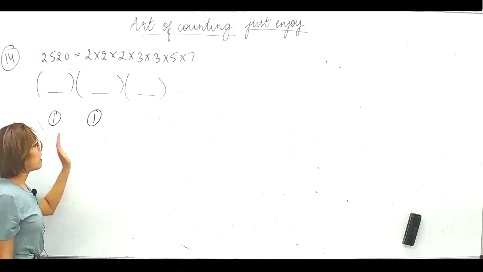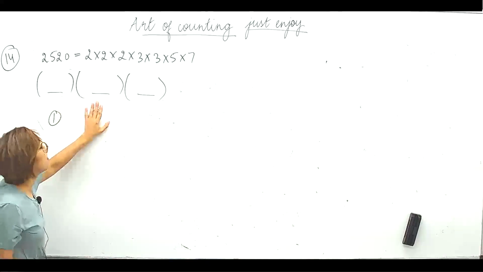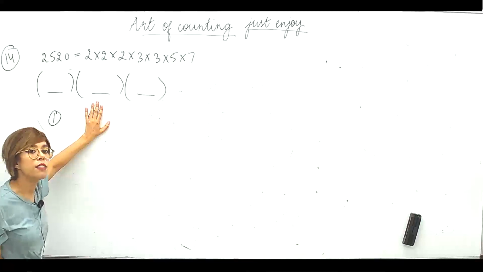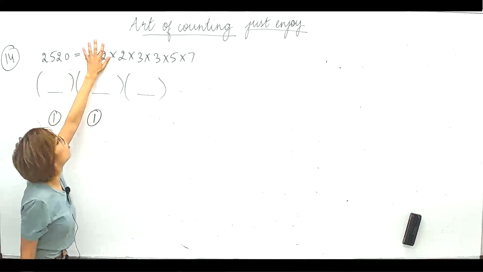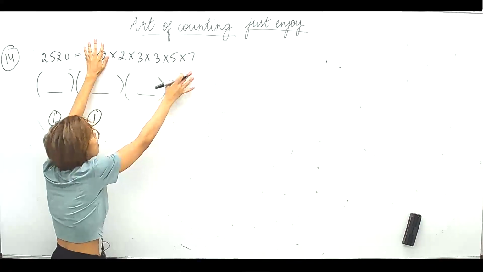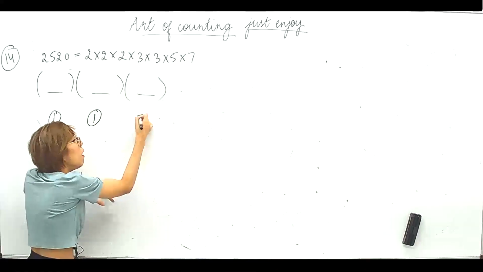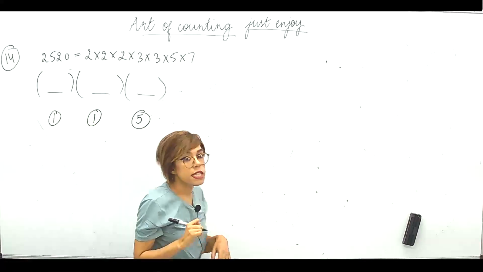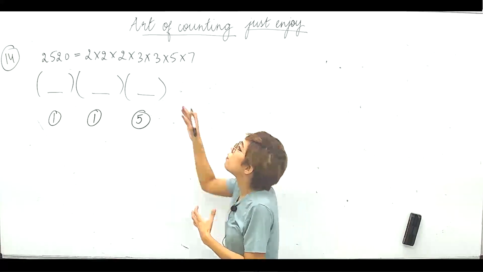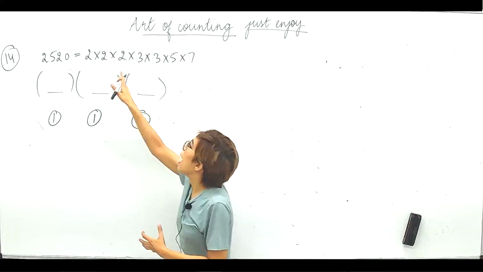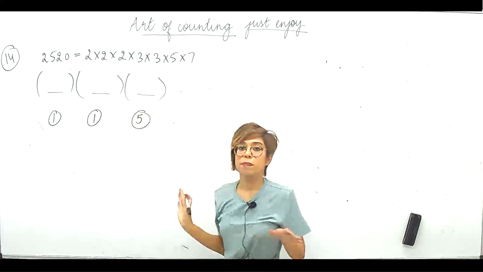So I've exhausted one factor here, exhausted one factor here. How many factors are left? If I take 2 factors, I'll be left with 5 factors. Now all those 5 factors have to come here. Right? So this is one way of distributing these numbers in the 3 groups.